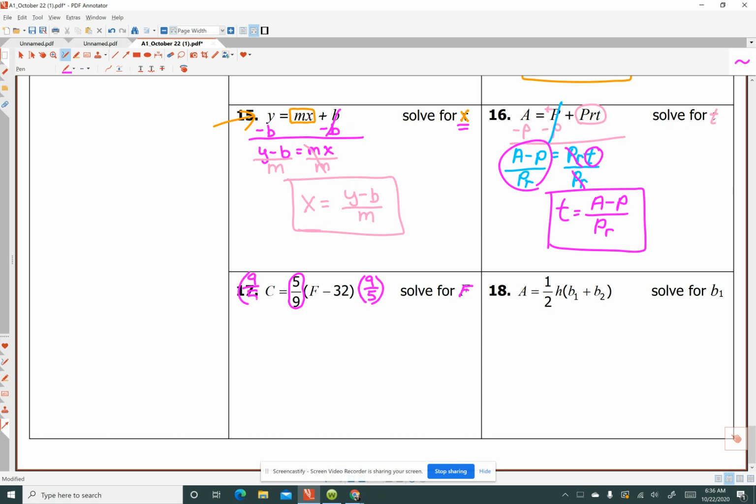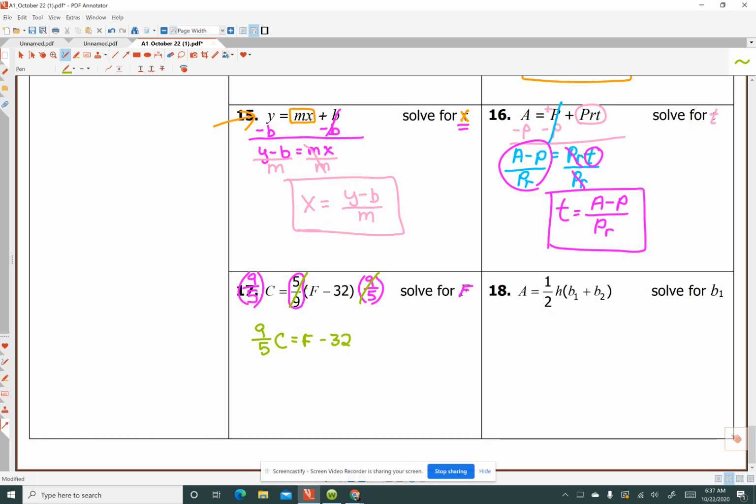Whatever I do to one side, I do to the other. So with that in mind, I can cancel this and this. And now I have 9/5 C on the left equals F minus 32.